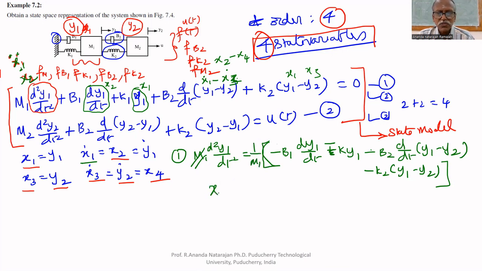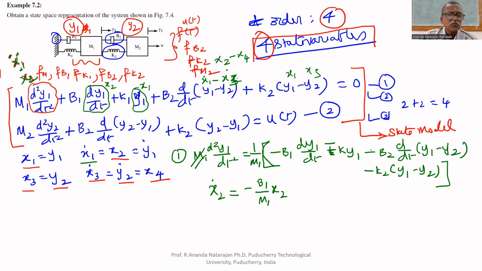Therefore, x2 dot equal to minus B1 by M1 times x2. On the right hand side we should not write any derivative, so we substitute x2 instead of x1 dot.